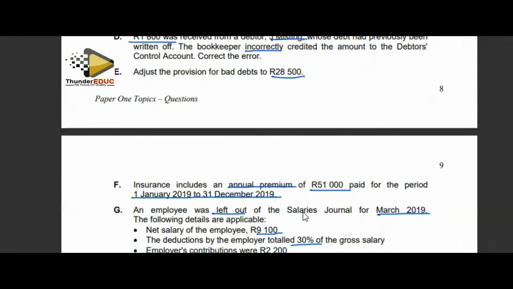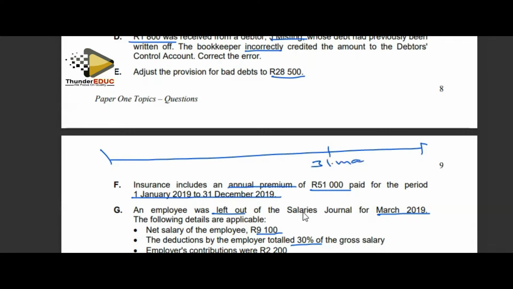We need to determine, let's draw our timeline here. Remember, timelines are very important in accounting, okay? So remember, our year is ending 31st March 2019. Let's say it ends somewhere here.